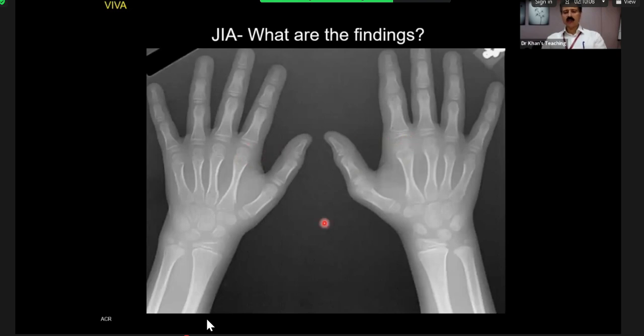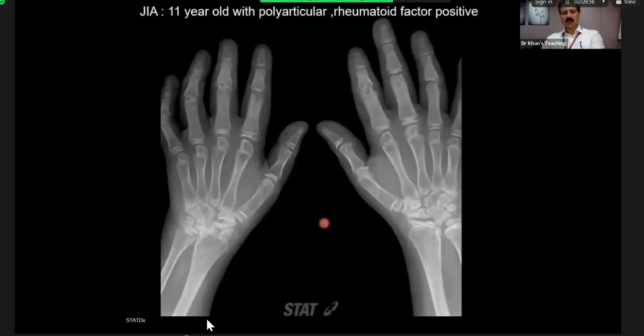A subtle finding, but considering what we have learned in the previous case, this is what I say, the eye sees what the mind knows. So in JIA, look for the epiphysis. Well done.